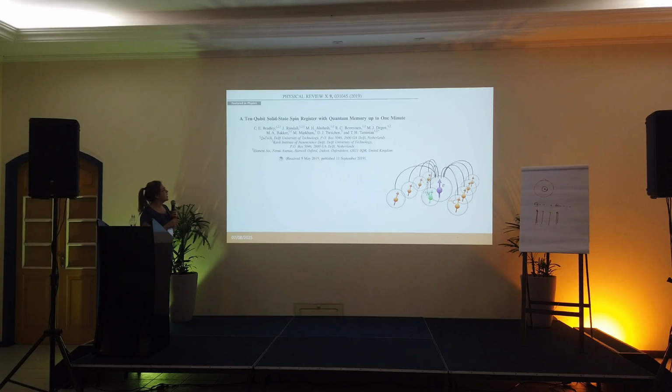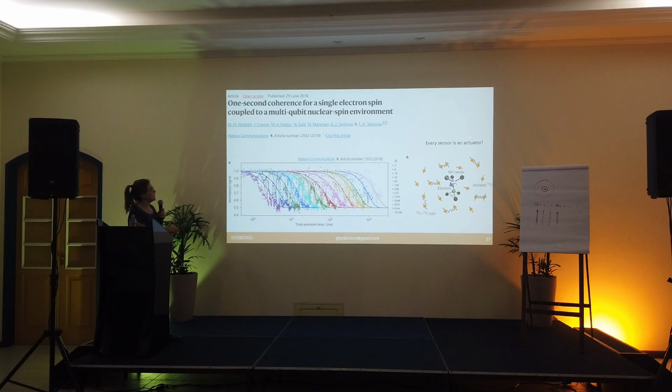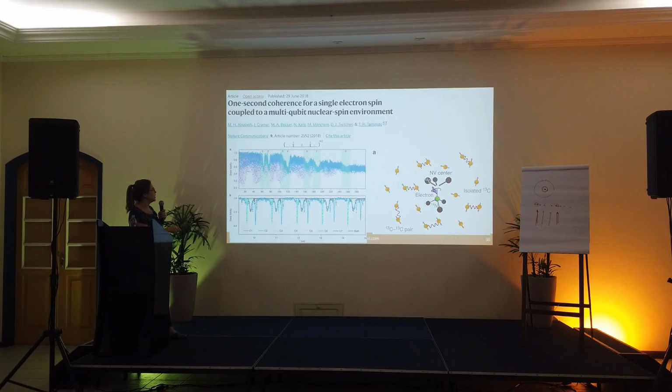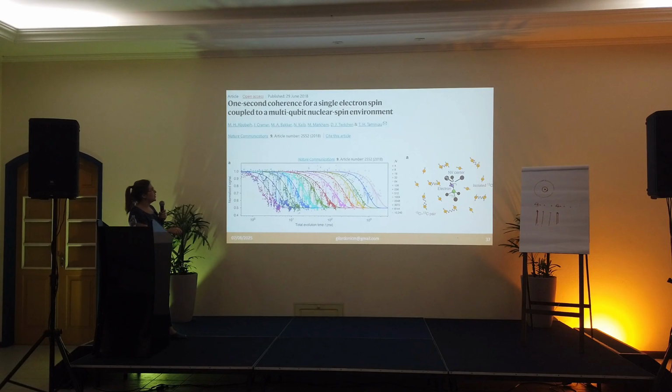But one of the reasons why that's interesting is, like Christian said yesterday, every sensor is also an actuator. So if I can detect the presence of these carbon nuclei using the NV, and here I've put this plot, but I'll just explain very briefly. Here they're doing the same experiment as here, but they're increasing the number of pulses, and what you can see is, first of all, that you extend the coherence of the NV electronic spin by a few orders of magnitude.